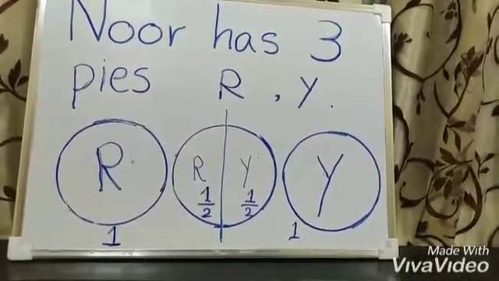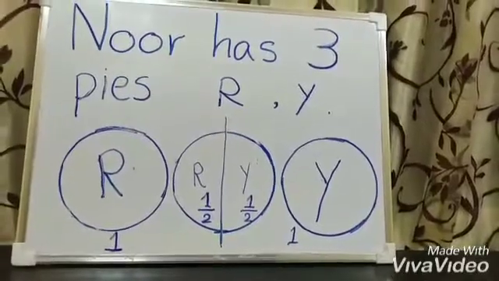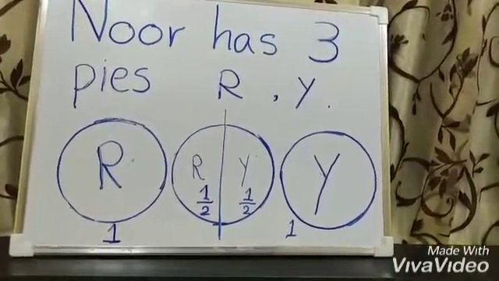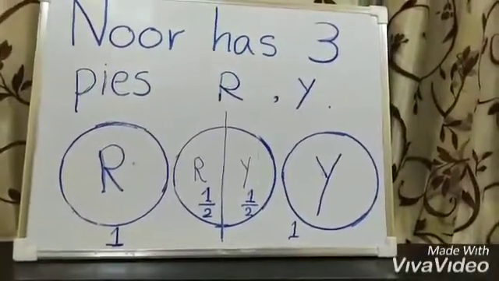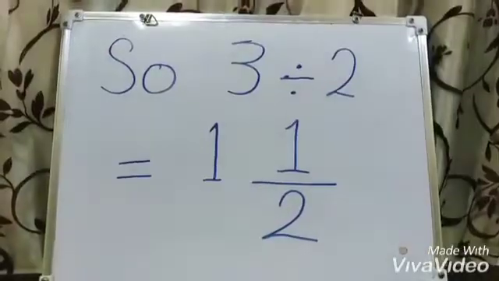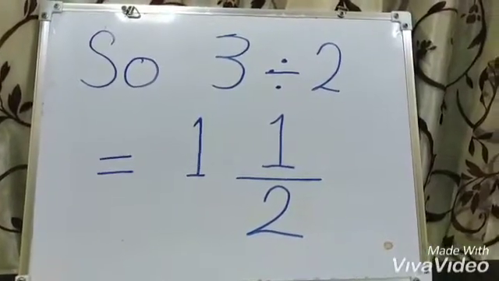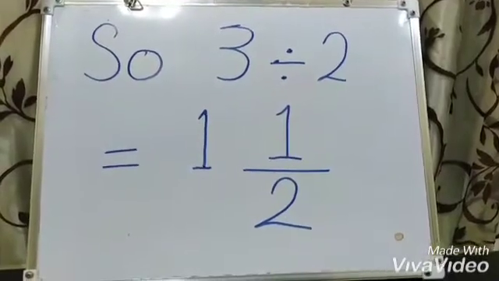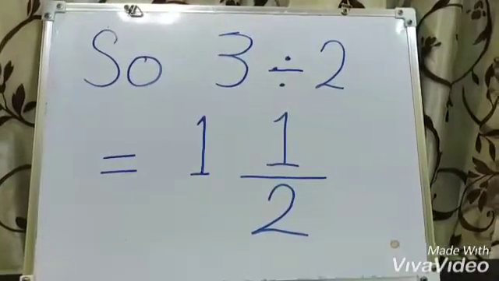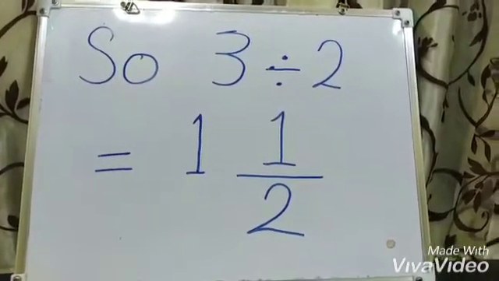Also Yamina will take 1 whole pie and 1/2 of the other pie, which means also 1 and 1/2 pie. So 3 divided by 2 equal 1 whole and 1/2, which means 1 and 1/2.